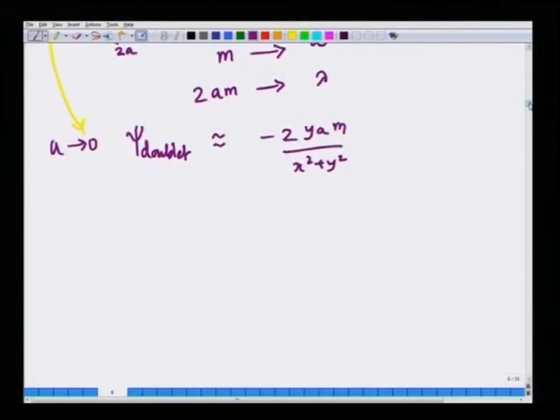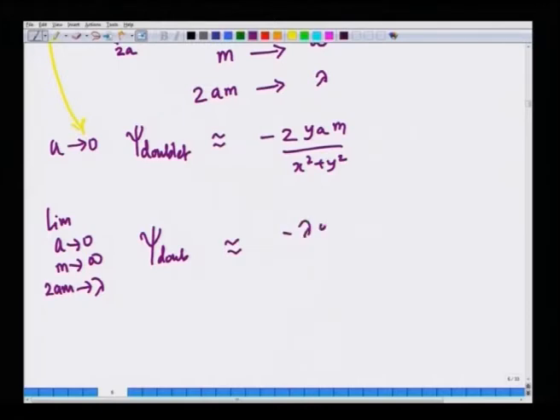Okay. So, this becomes psi doublet, as a tends to 0, m tends to infinity, 2 a m tends to lambda, minus lambda y divided by x squared plus y squared.